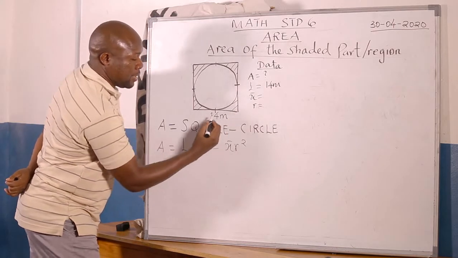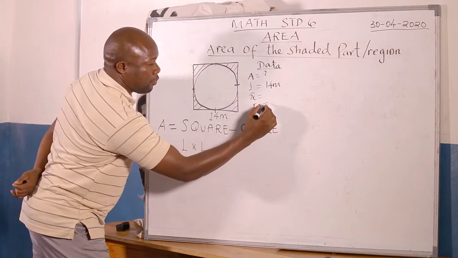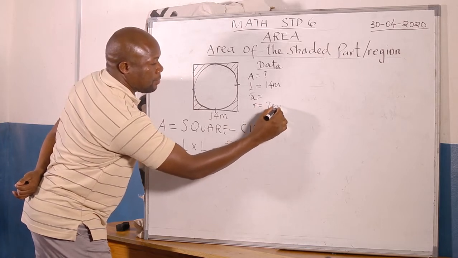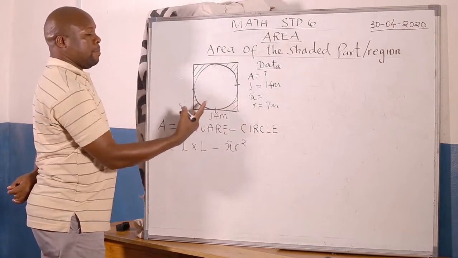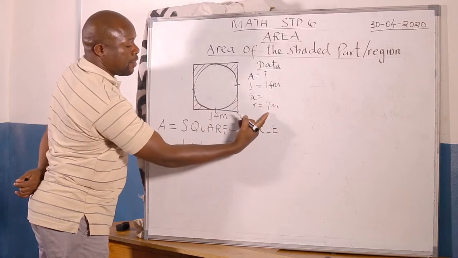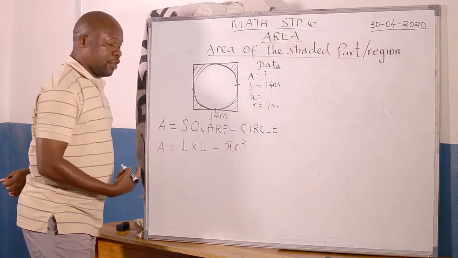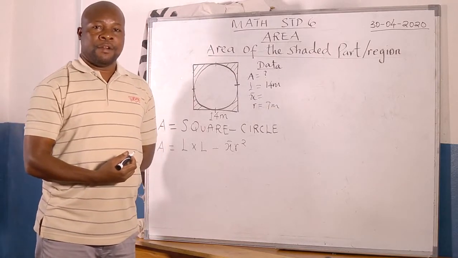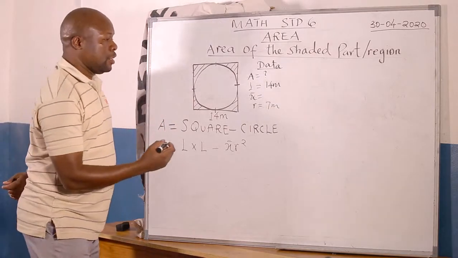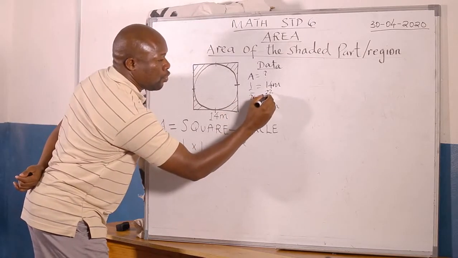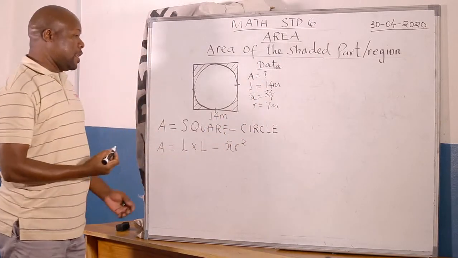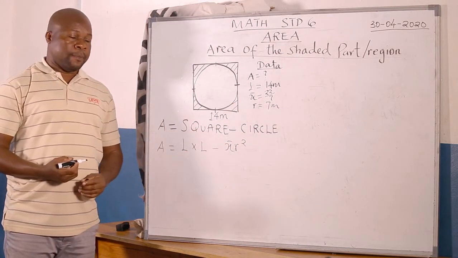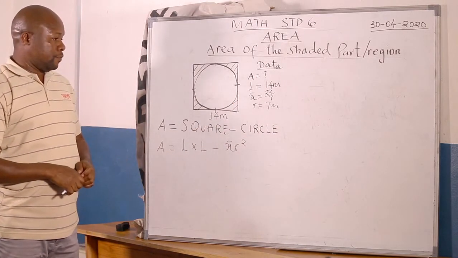So 14 meters is our diameter, therefore 7 meters becomes our radius. Now, the pi is determined by the radius or the diameter. If the diameter or the radius is a multiple or is divisible by 7, therefore our pi shall be 22 all over 7. So in this case here, we are going to use 22 over 7 as our pi.